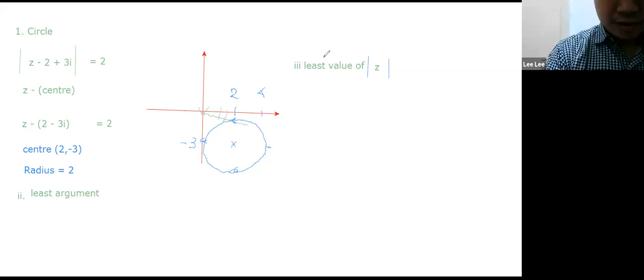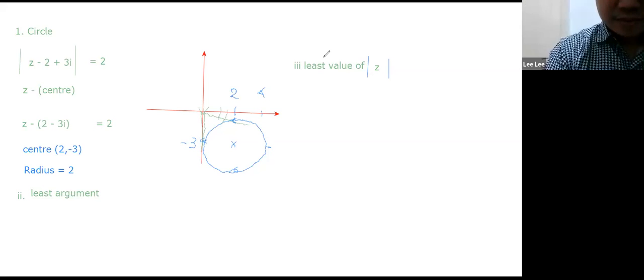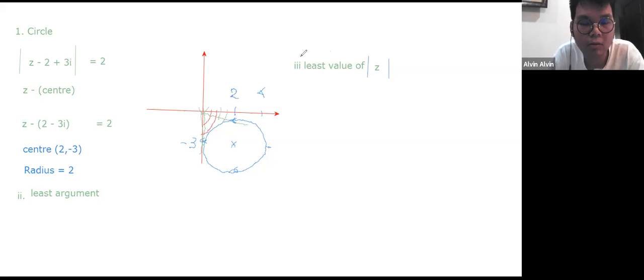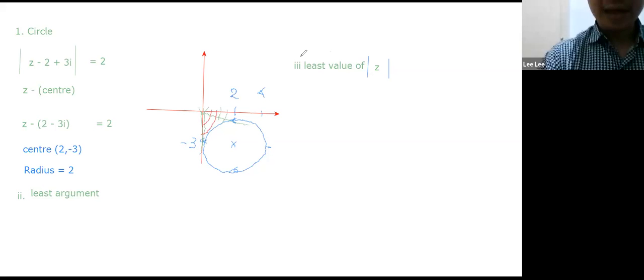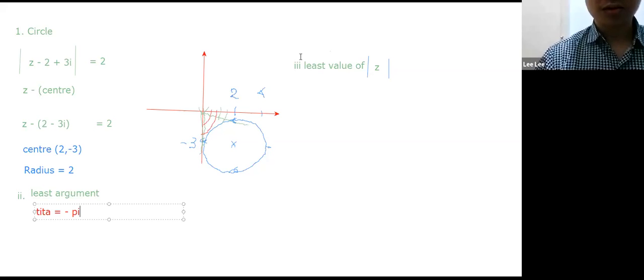If I draw it to this point, then the angle is the straight line like that. So in this case, my least answer would obviously be negative pi over 2.